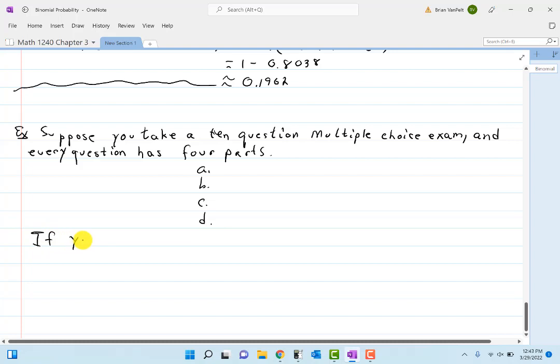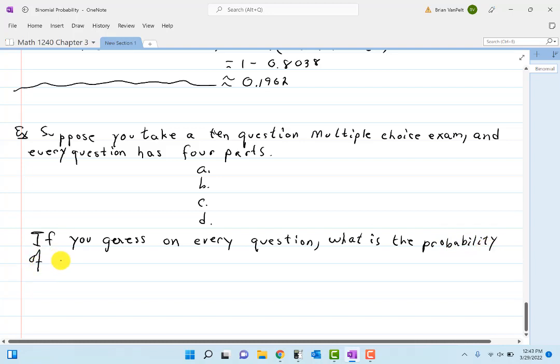If you guess on every question, what is the probability of getting 7 correct?